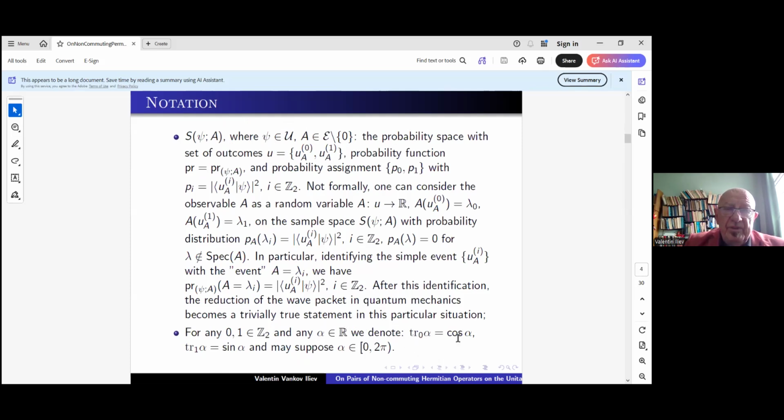any real number, we denote in this way the cosine of alpha. Tr0 alpha is cosine of alpha. Sorry, Tr1 is sine of alpha.